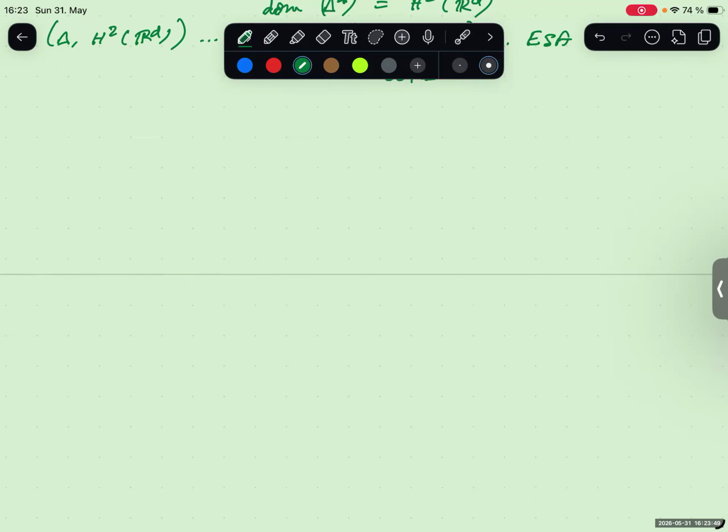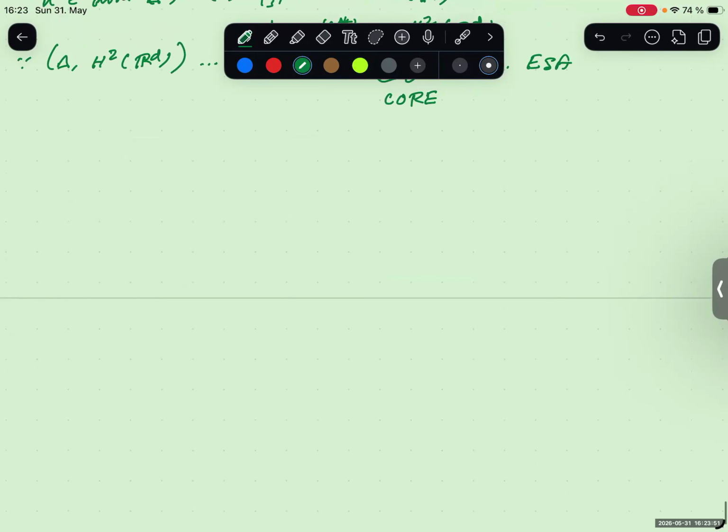All right. So now let me give you a lemma, and we will see shortly why this lemma is interesting. So lemma. T and S are self-adjoint operators on a Hilbert space.